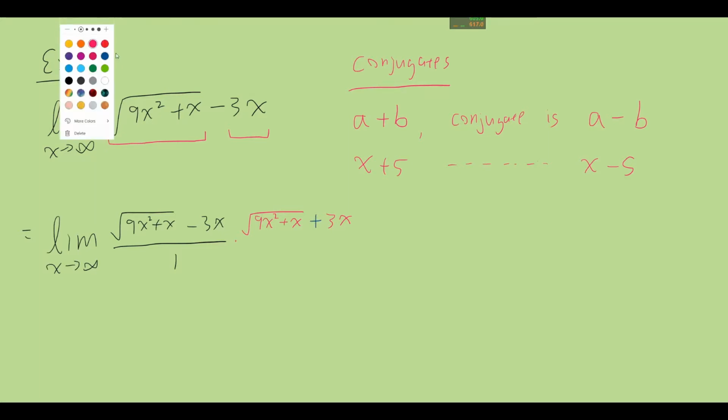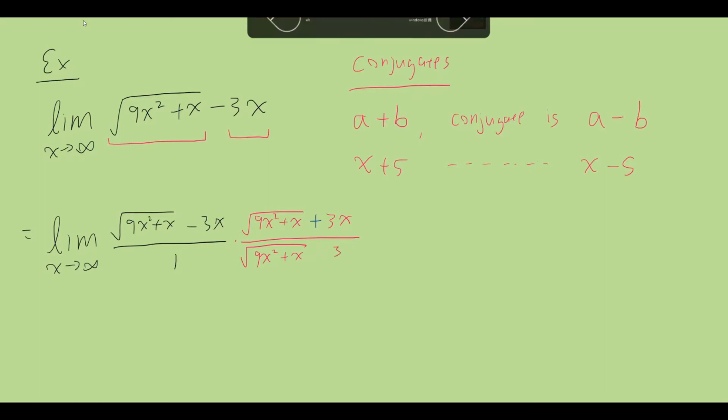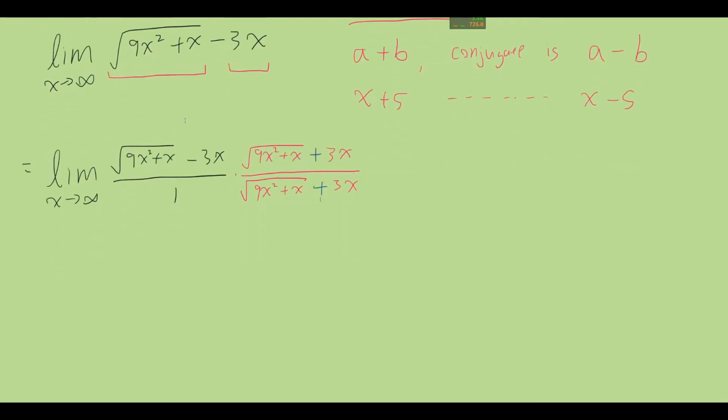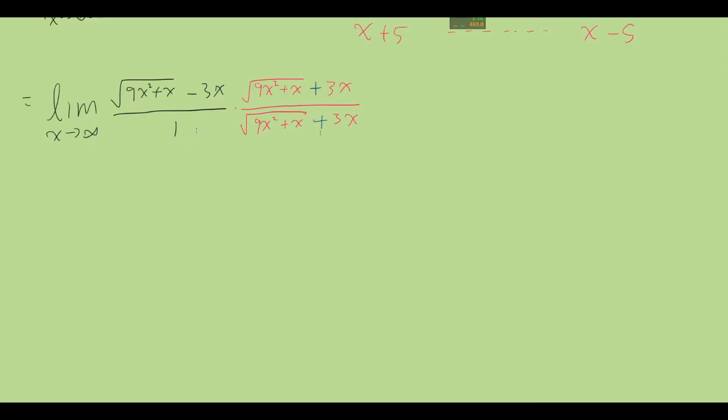But I cannot just multiply it in the numerator. If I multiply in the numerator, I have to do the same thing in the denominator. So multiply by square root of 9x squared plus x plus 3x. Okay, I have to multiply the same thing in the denominator in order to preserve the value.